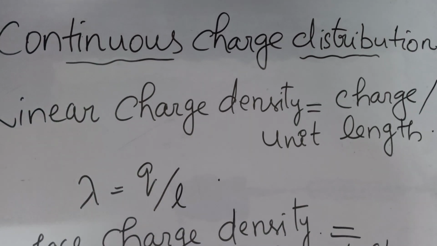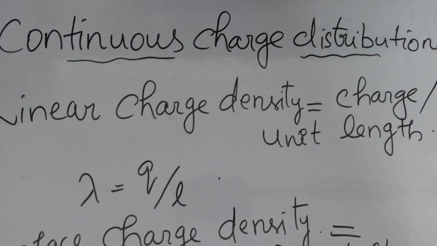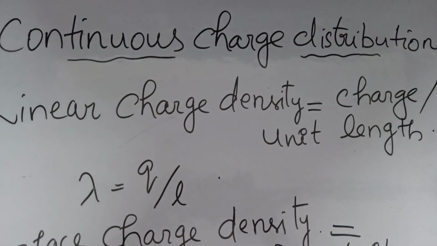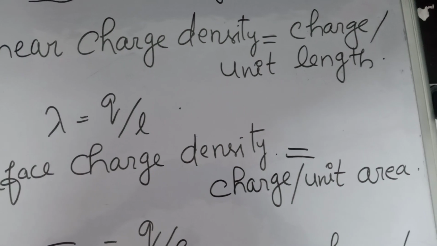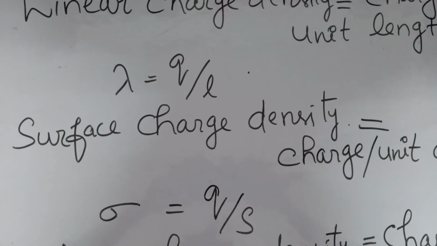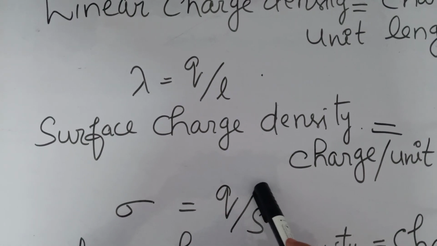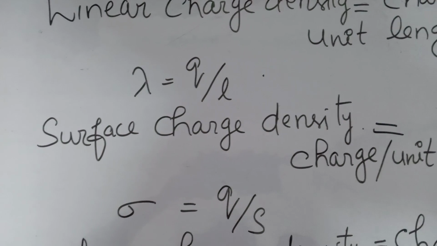In detail we will explain in Gauss's law, but you just understand this. Linear charge density means charge per unit length and that is represented as lambda. Lambda is equal to Q by L. And in the case of surface charge density, that is charge per unit area, sigma is equal to Q by S. So surface charge density is sigma, that is equal to charge Q by unit area, that is S, or A we can use.